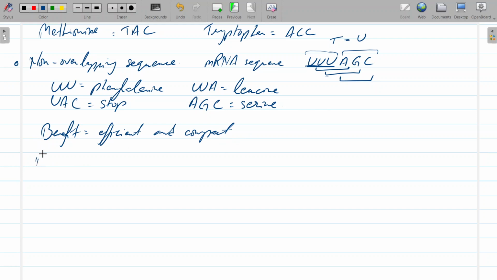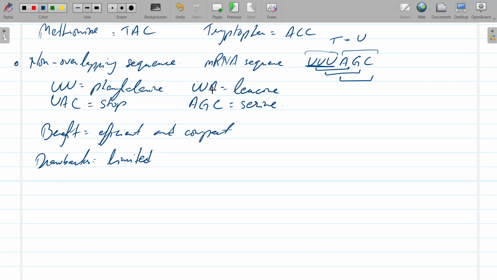But that's just one. What are the drawbacks? And they're more severe. One is it's limited. Why is it limited? For example, in a sequence like this, UUA is leucine and UUU is phenylalanine. So you are limited as to which amino acid sequence can follow. In this case, only leucine will be able to come out of phenylalanine.